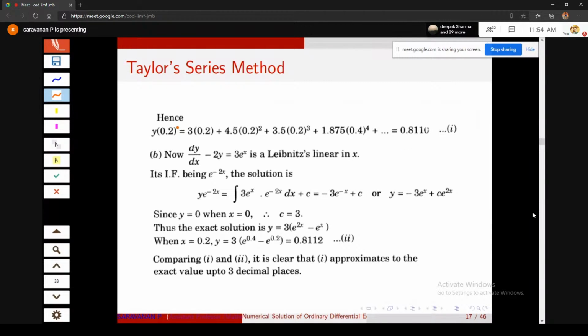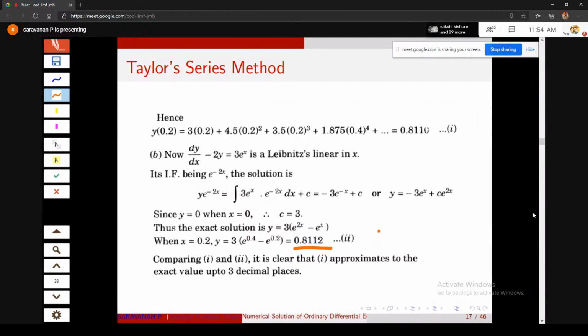To get the exact answer, use the method dy by dx plus Py equal to Q. Okay, the integrating factor is this. Apply the given condition to get C. This is the answer. So if I put 0.2 here, you see this is what you have got, 0.8112.